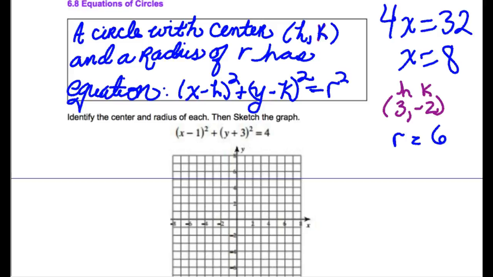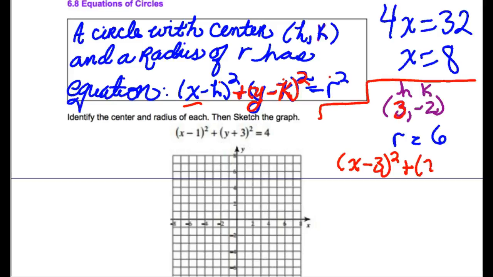You don't need to write it down, but I would go like this. X and y are variables, and the number will be given to you. X minus h squared plus, right here, y minus k squared.